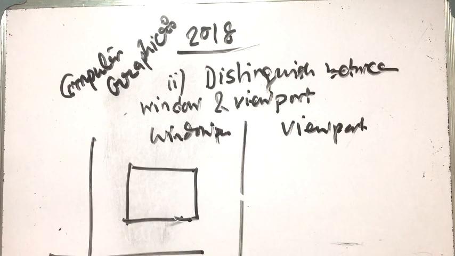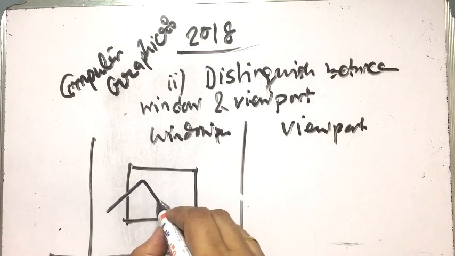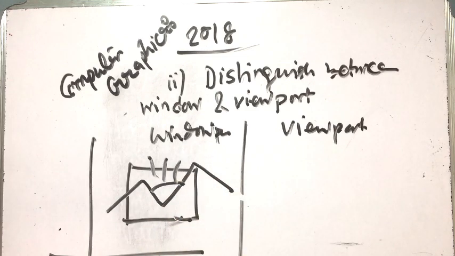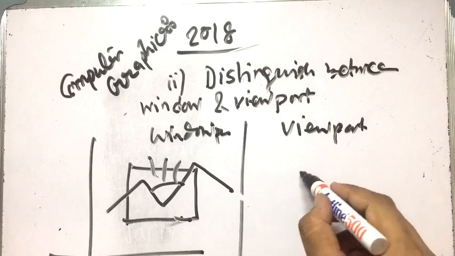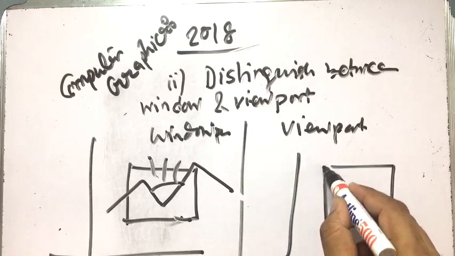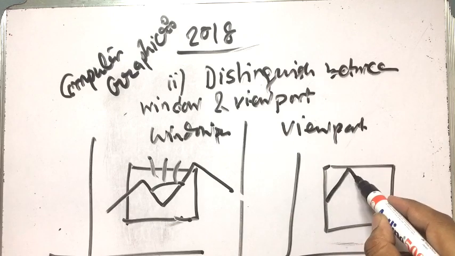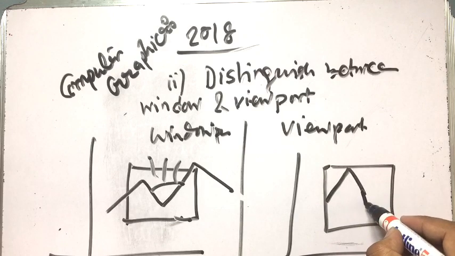It is the area through which we identify what portion of the picture is to be displayed. And the viewport is the rectangular area where it is to be displayed. It is a laptop, smartphone or any other gadget.